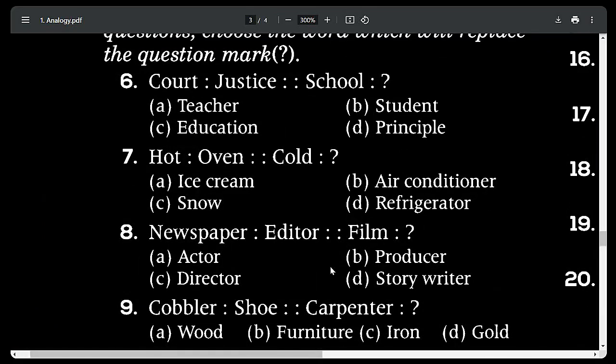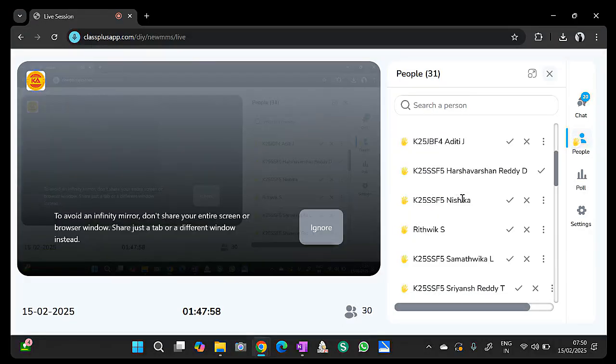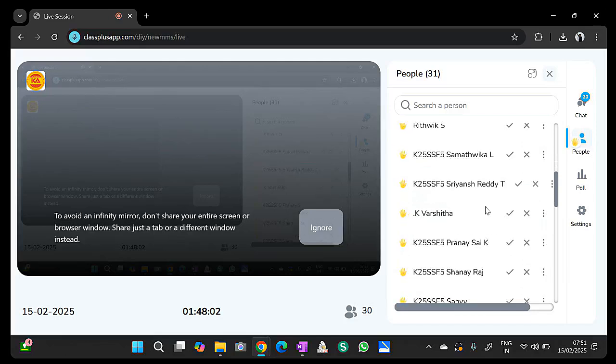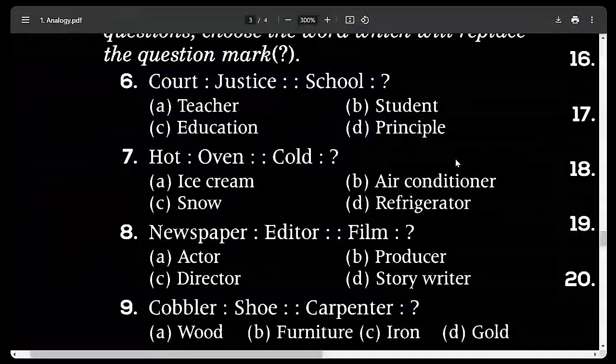Next one, you can mute yourself, Shiradia. Cobbler is to shoe as carpenter is to whom? Wood, furniture, iron, or gold. Let us see. Yes, can you answer?